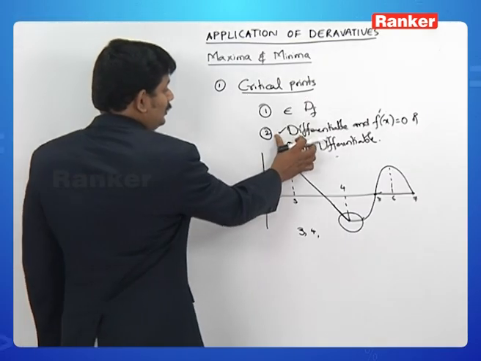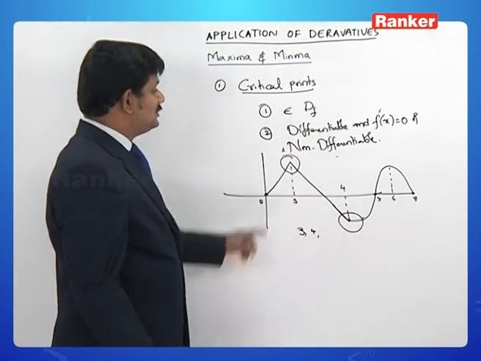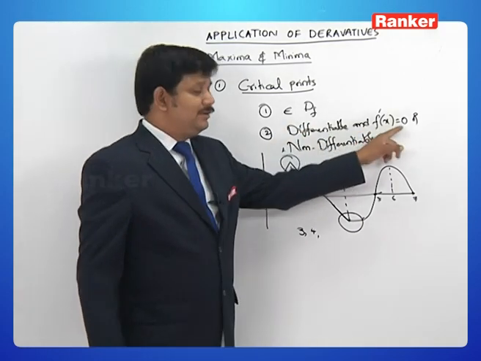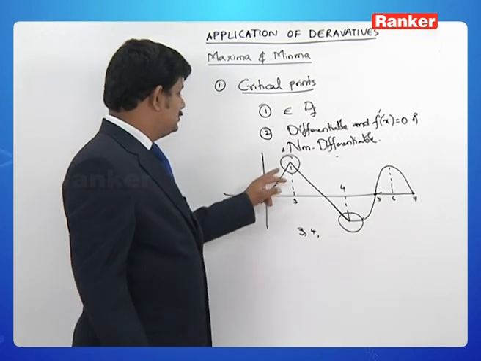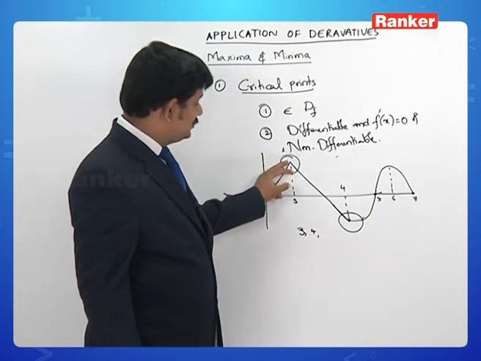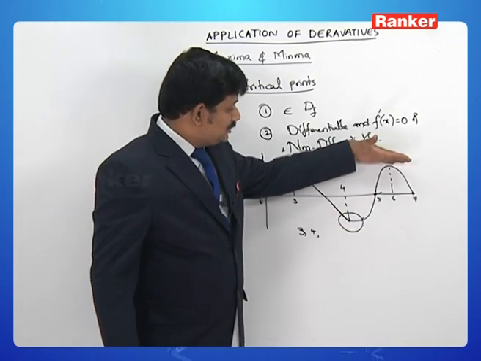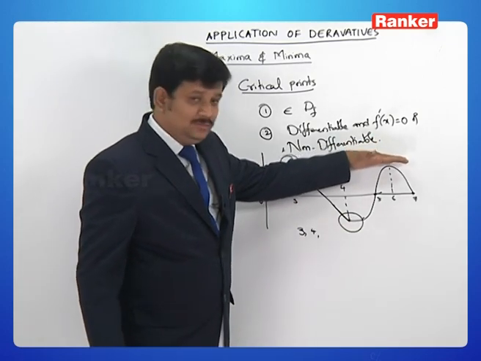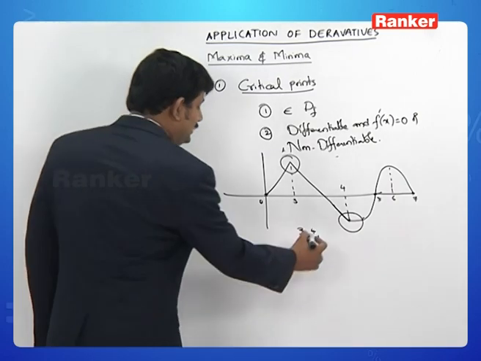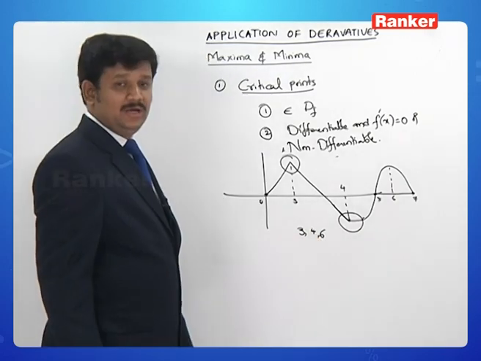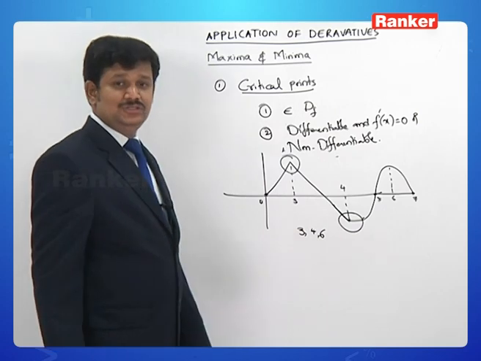Then let us see those points where the function is differentiable and the derivative is equal to 0. It is differentiable between 0 and 3, but nowhere is the derivative 0. The derivative is 0 at this point, where we have a tangent parallel to the x-axis. So, at 6 we have another critical point because the derivative here is 0.